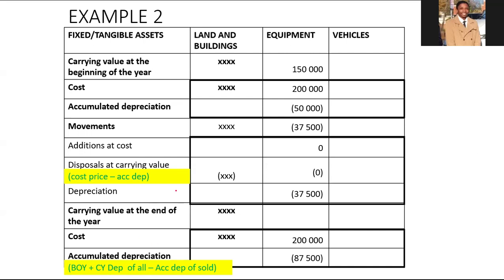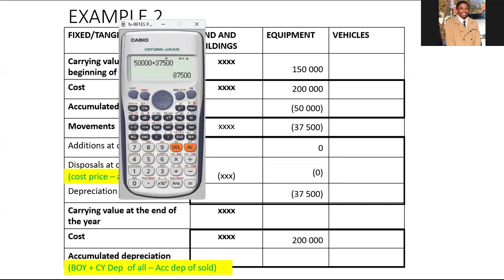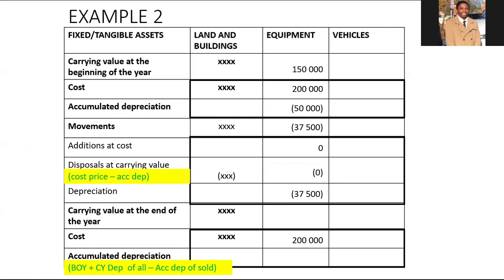Carrying value at the end of the year will be 200,000 minus that 87,500, which gives us 112,500.